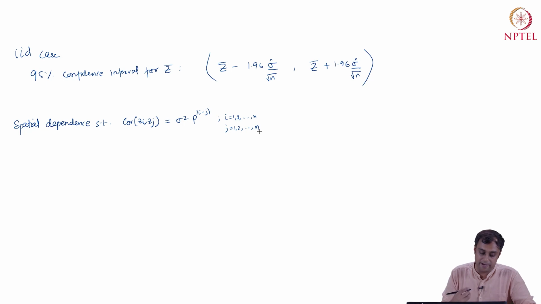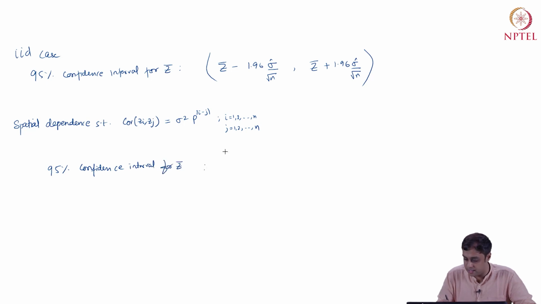So with spatial dependence, given as the covariance of Z i and Z j, the 95% confidence interval for Z bar will be given with the lower bound Z bar, which is exactly the same as the IID case, minus 1.96 sigma hat over root n prime.